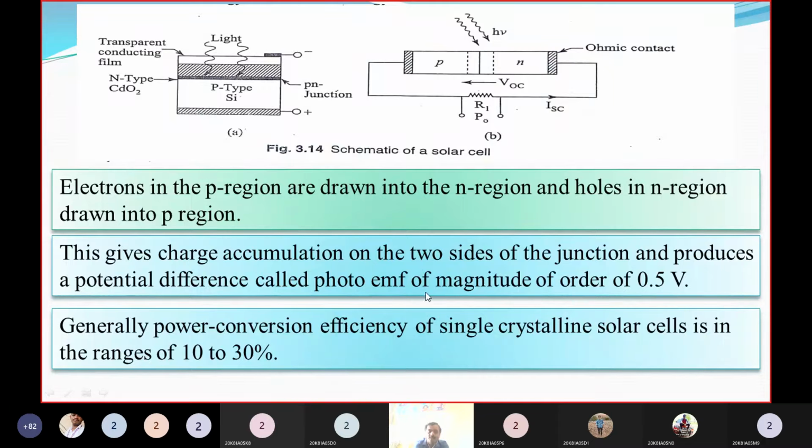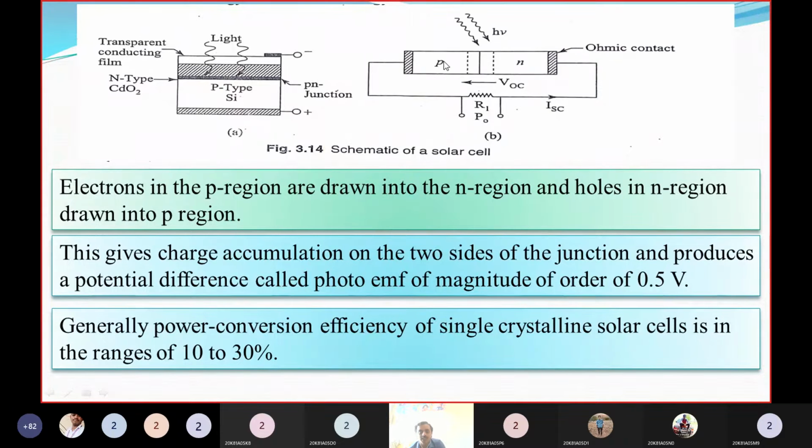So what is the power conversion efficiency? See here, whenever light is incident, only some charge carriers are accumulated here.